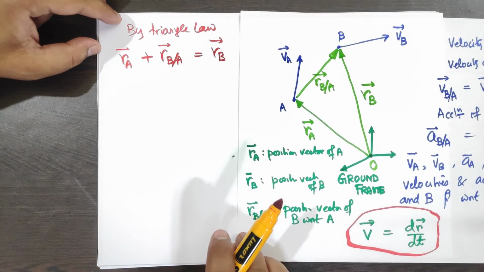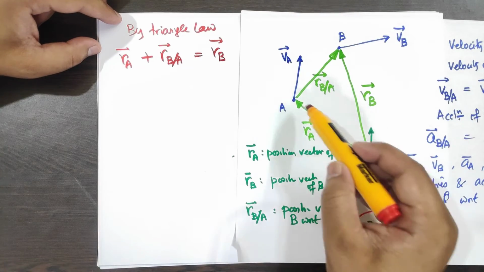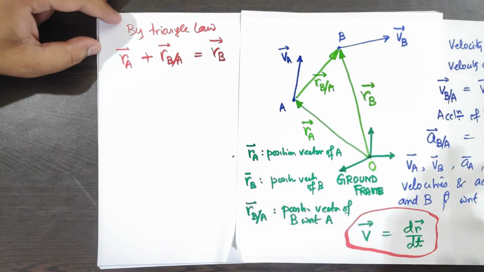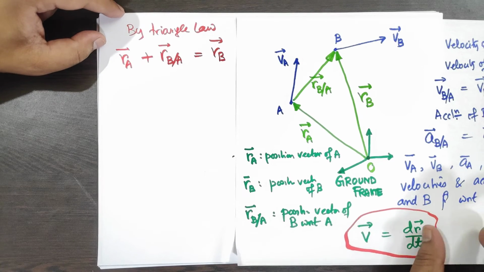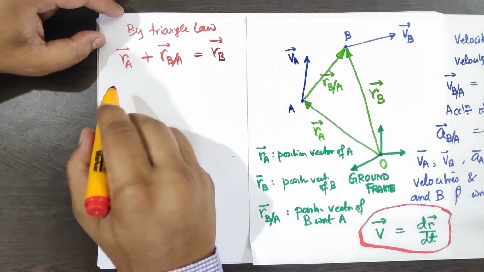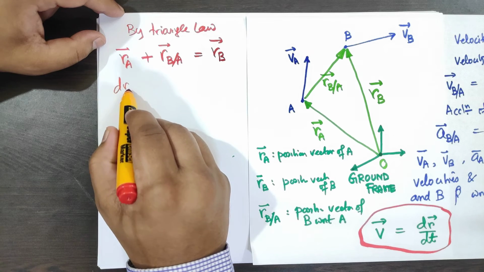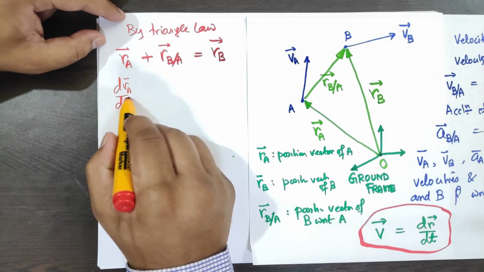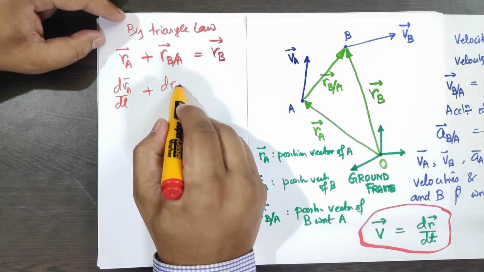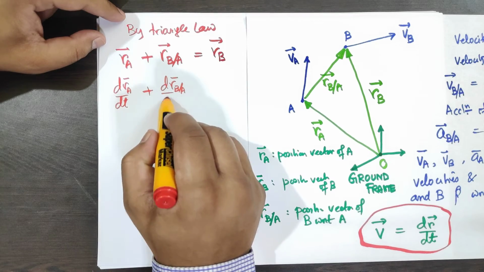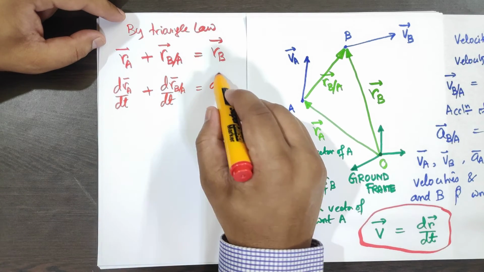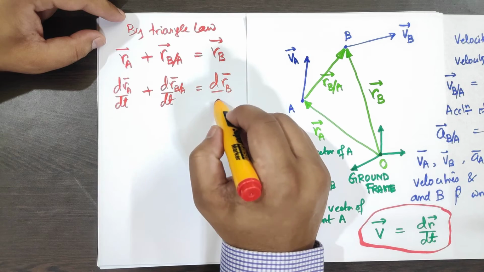This is the triangle law, that this vector plus this vector is this vector. So now I'll differentiate with respect to time. So dRA by dt plus d of RB with respect to A by dt equal to dRB by dt.